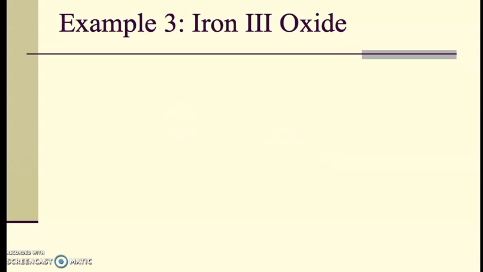Let's look at the next one, iron III oxide. Remember that Roman numeral goes with the iron, because iron has two possible charges, +2 or +3. Oxygen only has one charge, in group 6A, 2-, but iron is iron 3. So we're going to write the 3 there, not 2, because of the Roman numeral written right in the name. Don't forget about this, it's very important. The 3 goes over to oxygen and the 2 goes over to iron.